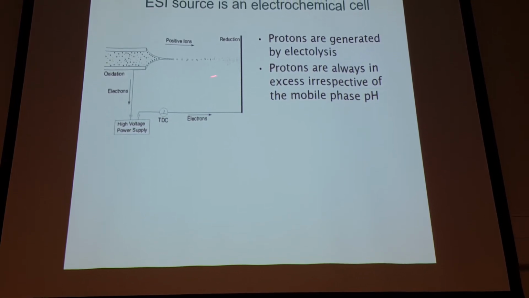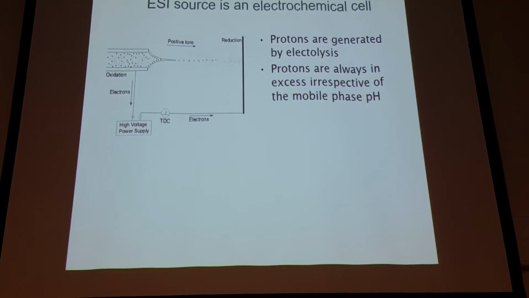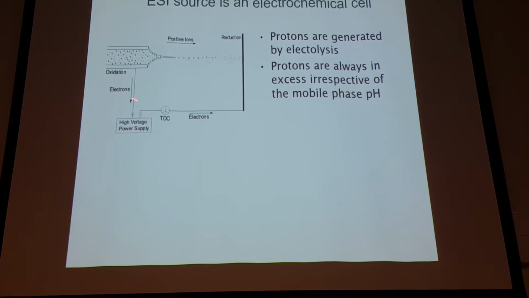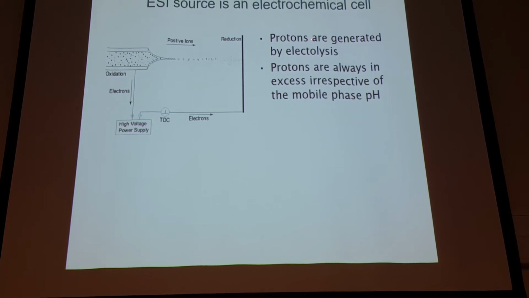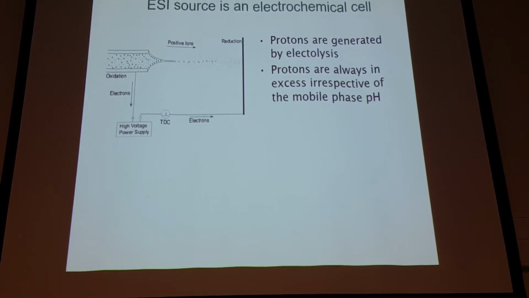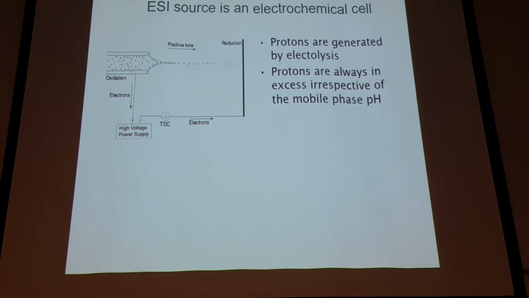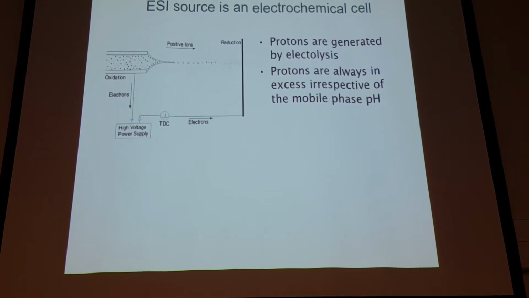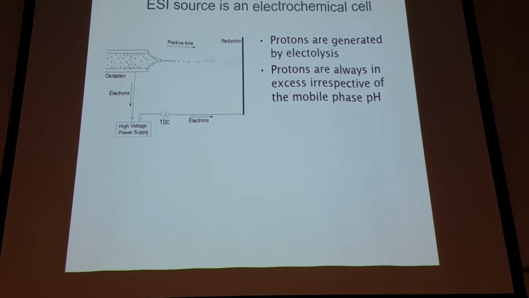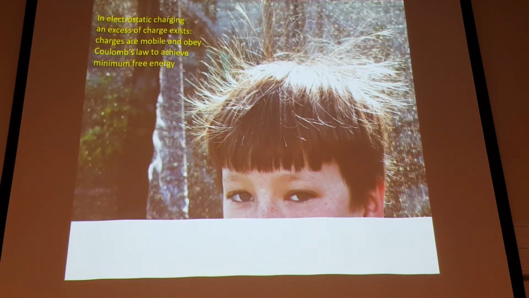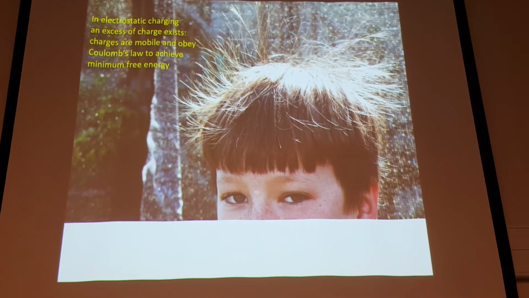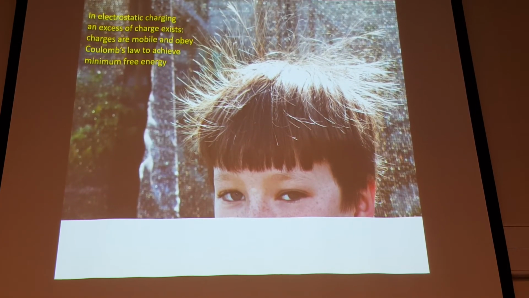Basically, this is a diagrammatic representation of an electrospray source, and because of the application of your voltage here of about 3,000 volts, you are generating protons at the source by electrolysis. And those protons are going to be in excess, irrespective of the mobile phase pH.